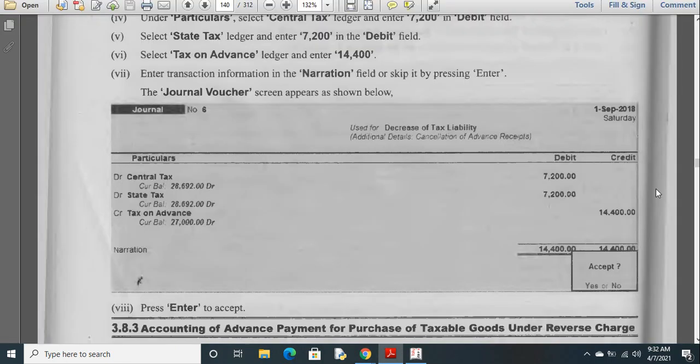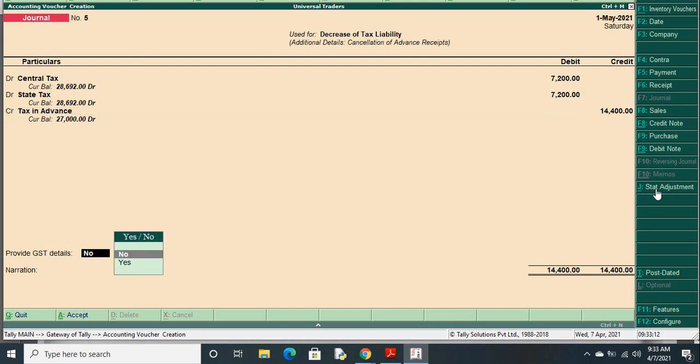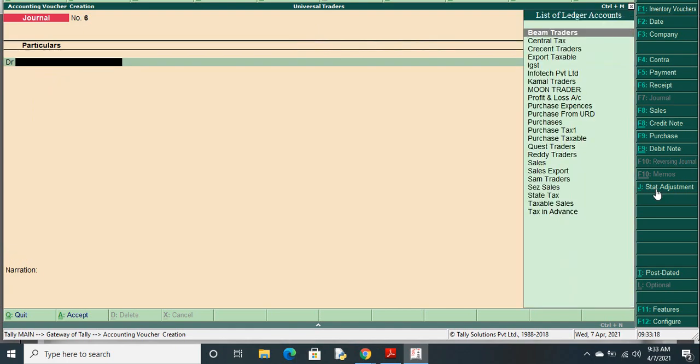So you are removing that 7,200 entry. Okay. So previously you have credited central tax and state tax, now you are debiting it. So you are entering the same transaction on the opposite side, and the transaction will be cancelled. Okay. So this is the way to cancel the receipt.